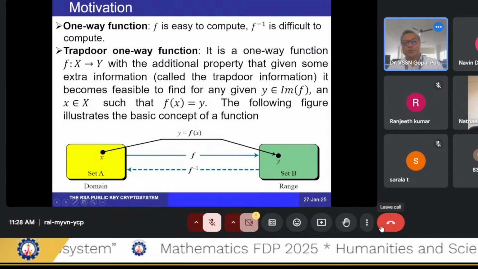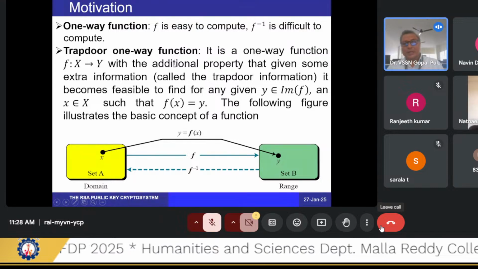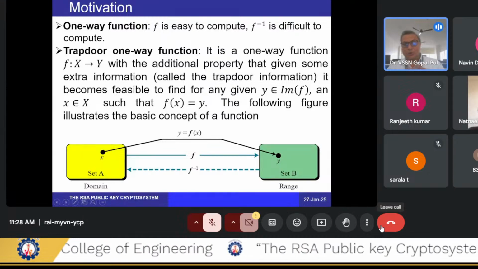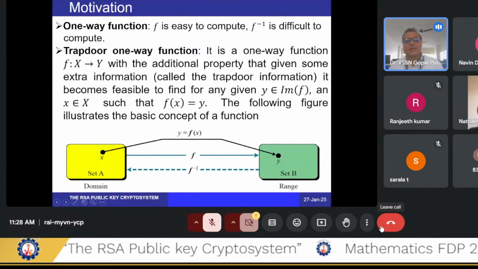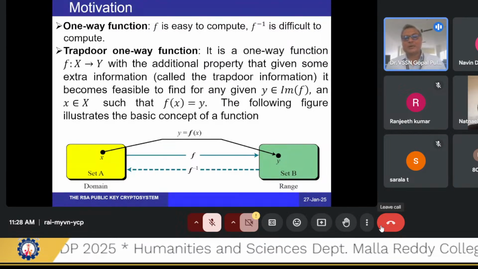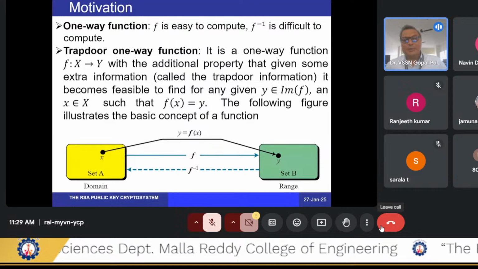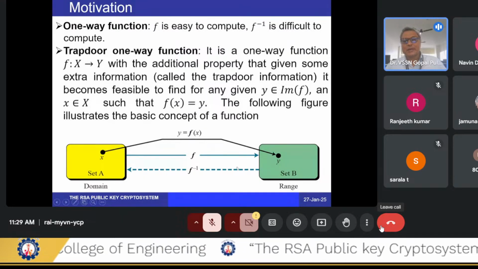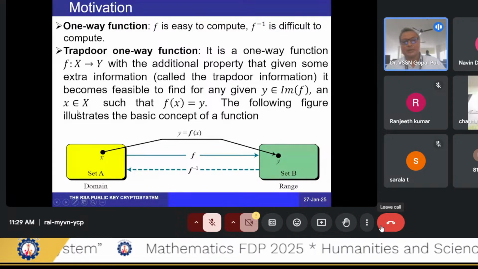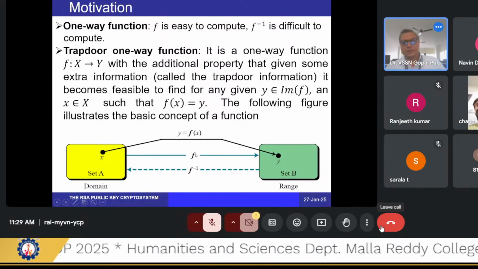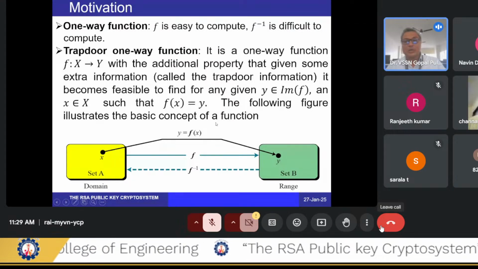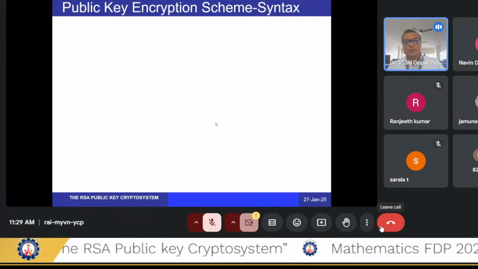We can observe that the trapdoor one-way function is again a one-way function with an additional property: some extra information, usually called trapdoor information, makes it possible to find, for any given y in the image of f, an x in the domain satisfying this. This particular figure illustrates the basic concept of a function, which is known to all, I hope. Let us move on to the next one.